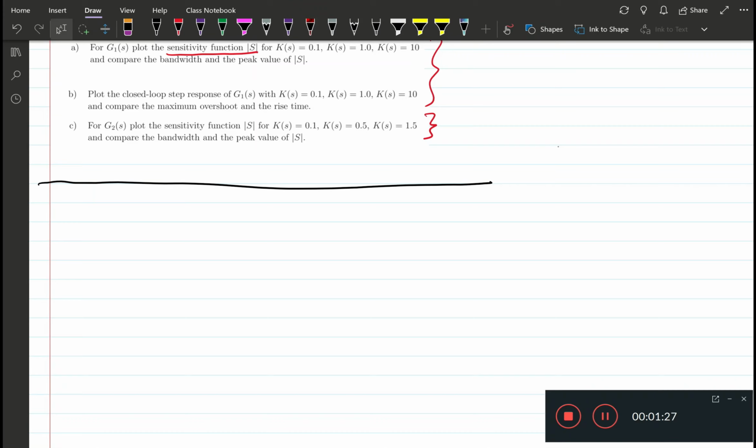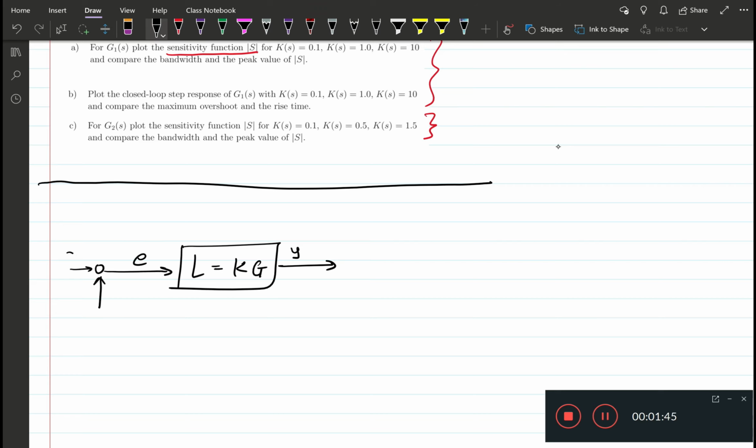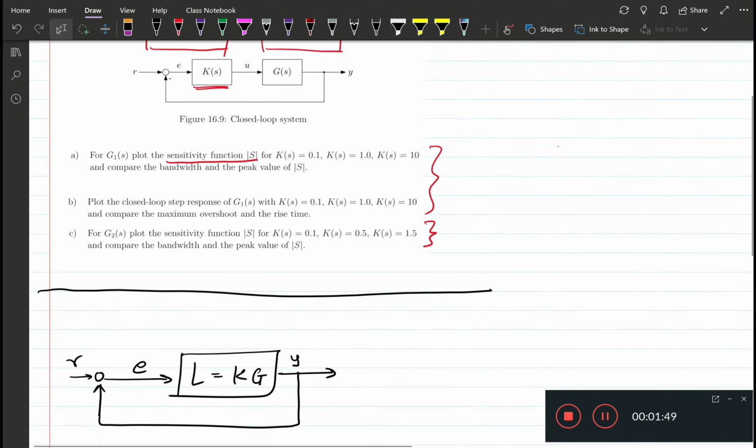Now before we take the first one, which is G1, let's quickly review some preliminaries. So let's define the open loop transfer function L, which is defined as K times G, that's Y, that's E, that's R, and that's the standard loop that you see here.